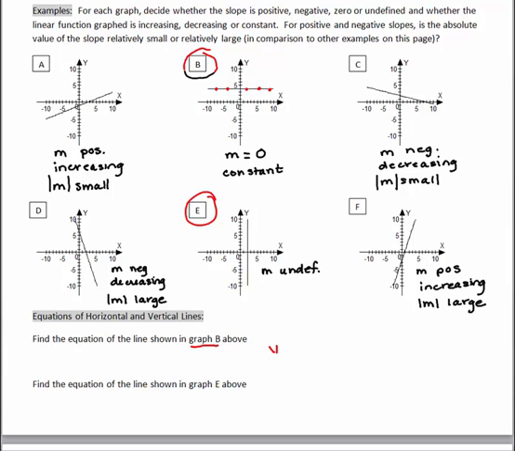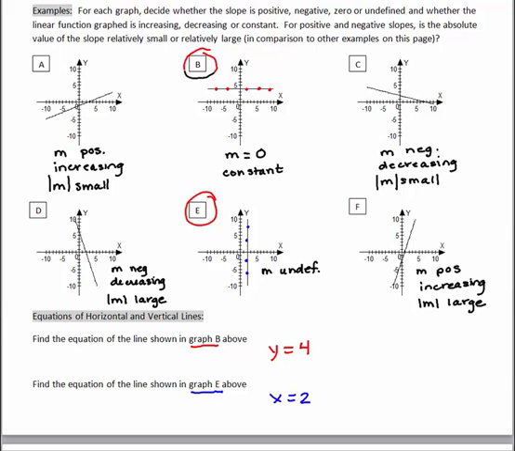And so I can say that the equation of that line is simply y equals 4. In graph E, the vertical line, once again, every single point on that line has something in common. Every single x value for points on that line is 2. And therefore the equation of the line is simply x equals 2. So horizontal and vertical lines have especially simple equations.